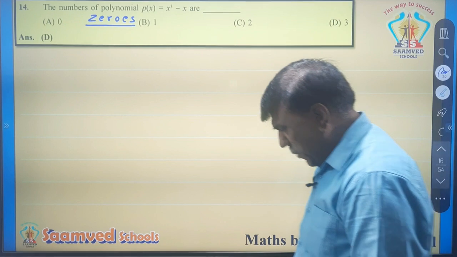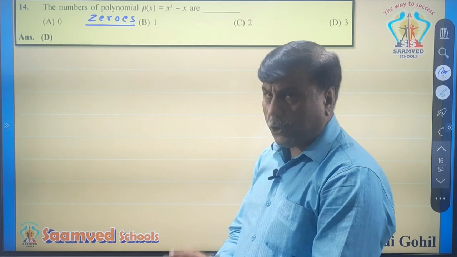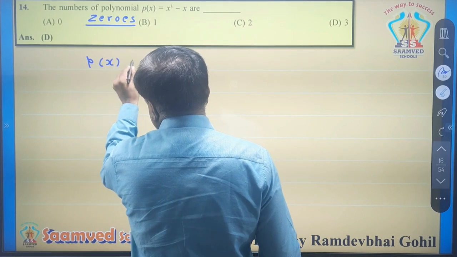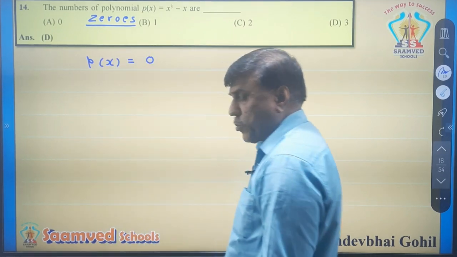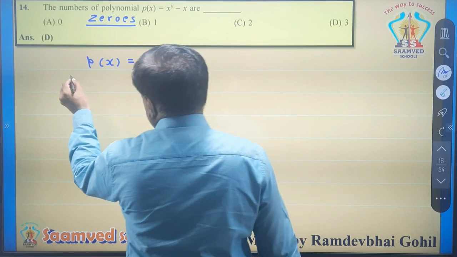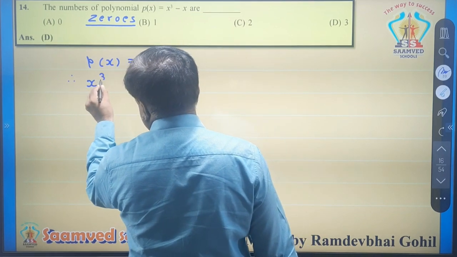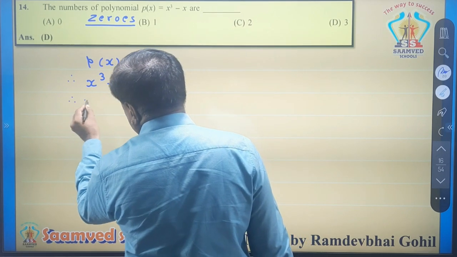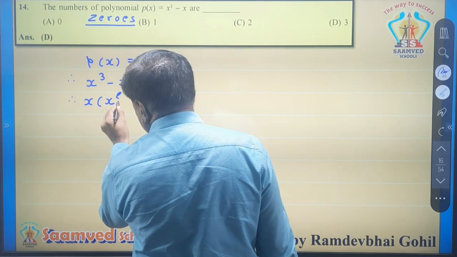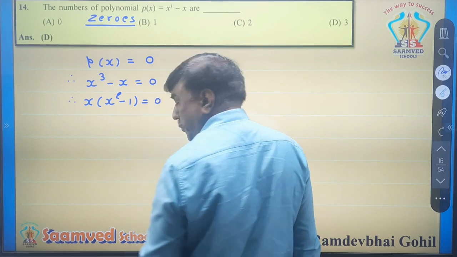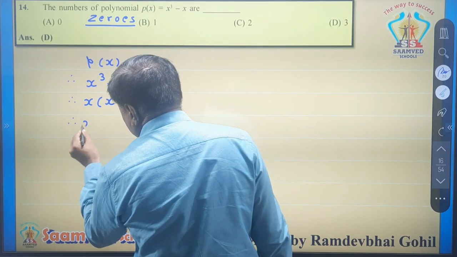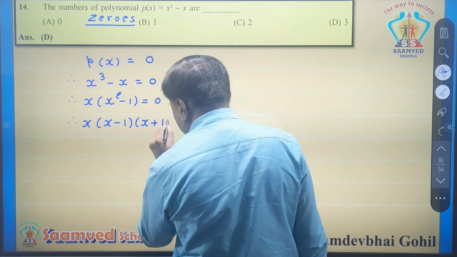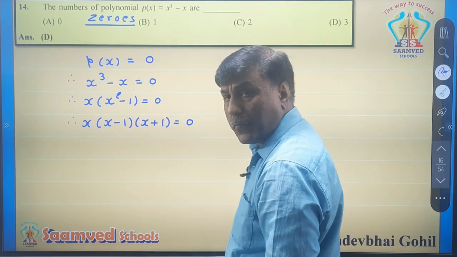Now friends, if you want to find zeros of polynomial, then you have to start with this equation, p of x is equal to 0. Now, p of x is equal to x cube minus x is equal to 0. X is common, so x square minus 1 is equal to 0. Therefore, x into x minus 1, x plus 1 is equal to 0.